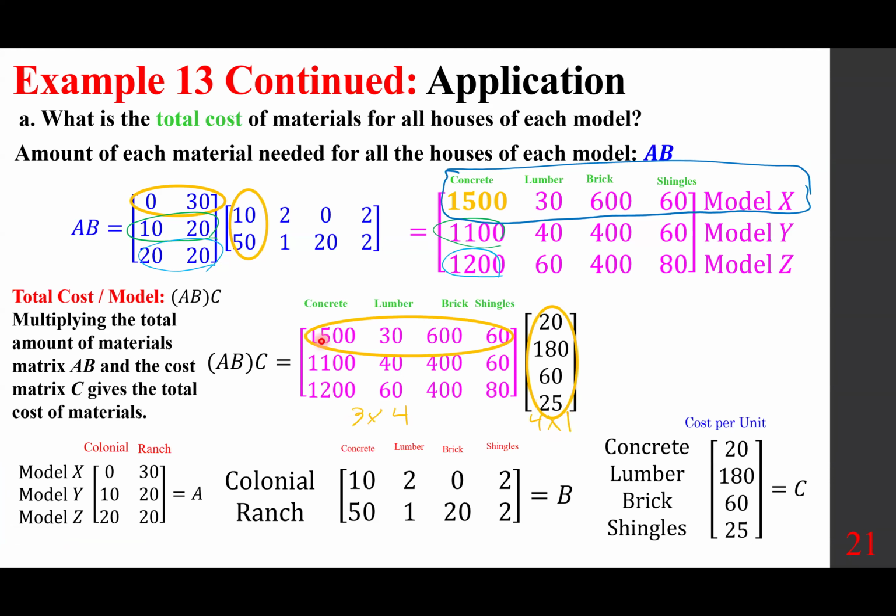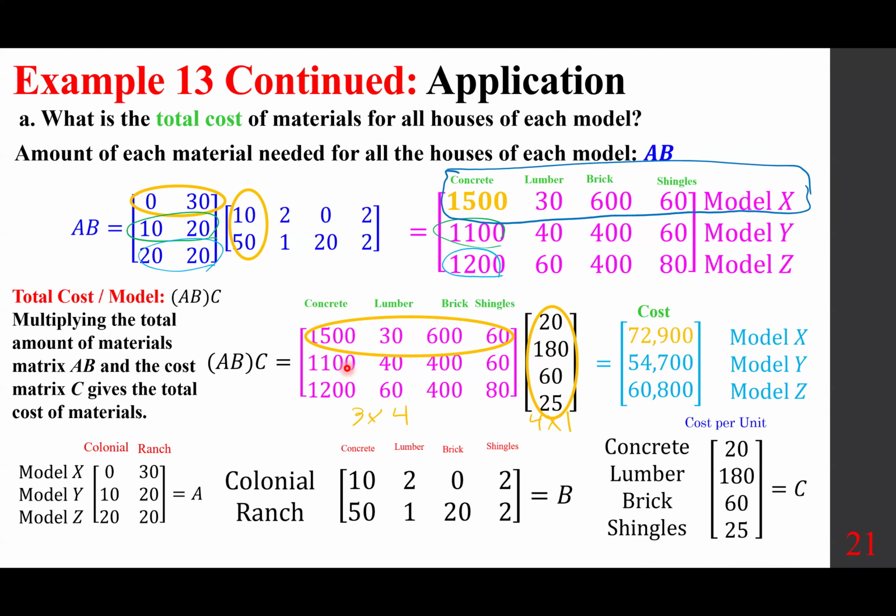So for example, we multiply this one by this. 1500 times 20, 30 times 180, 600 times 60, 60 times 25, and it gives us the first one. Add them up.